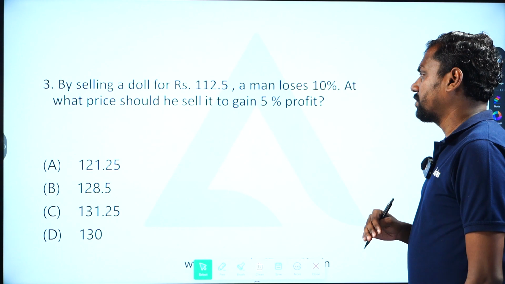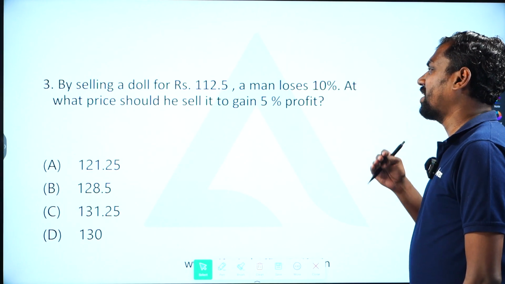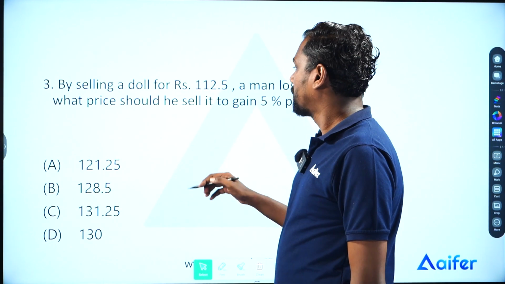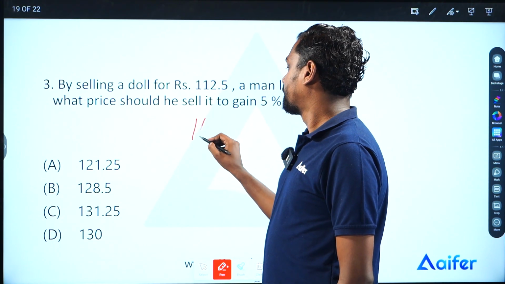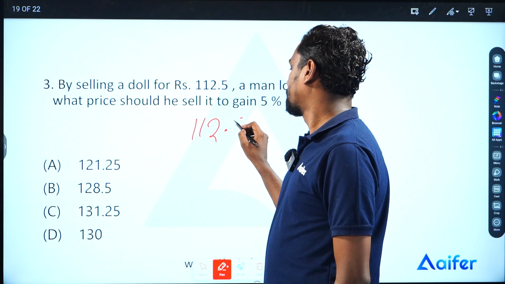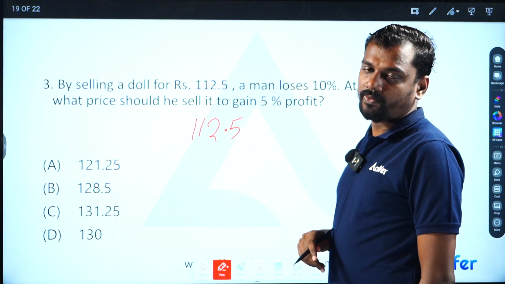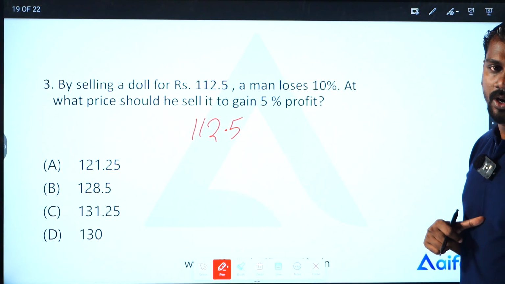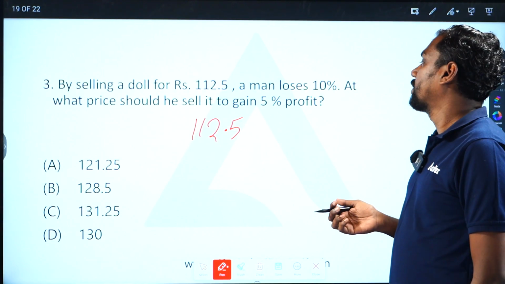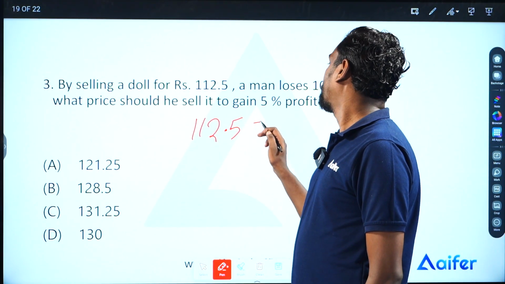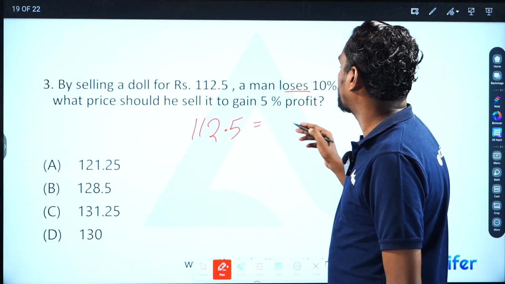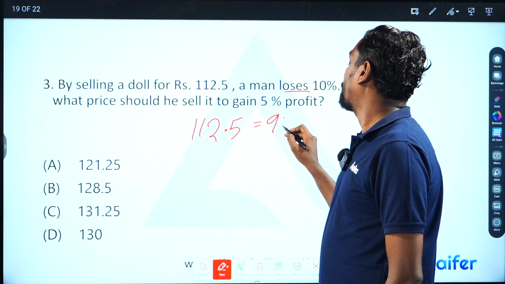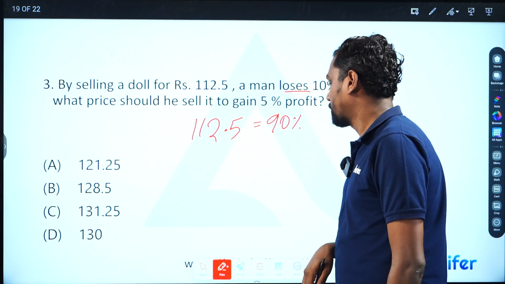When we sell that particular doll for rupees 112.5, the man has a loss of 10%, that is, 112.5 is 90%.